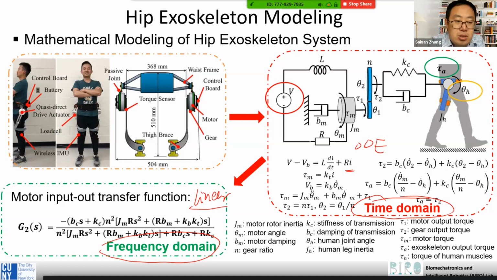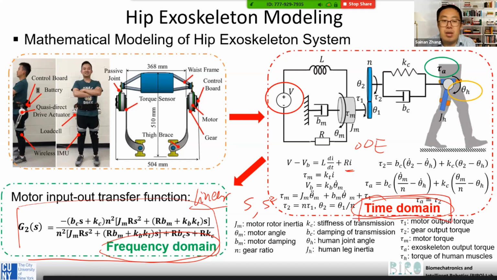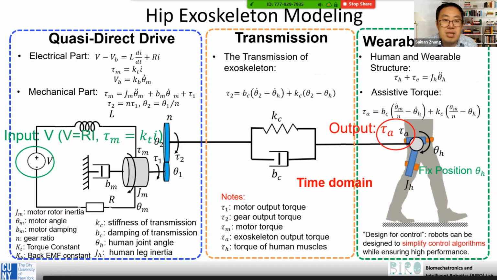In this way you can use very simple linear algebra operations: plus, minus, multiply, like s multiplied by s squared. So simple. That's why we use the Laplace transformation and deal with this in the frequency domain. The original equation is derived in the time domain. That's the beauty of different domain representations.